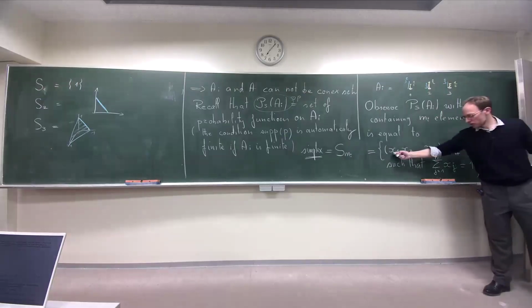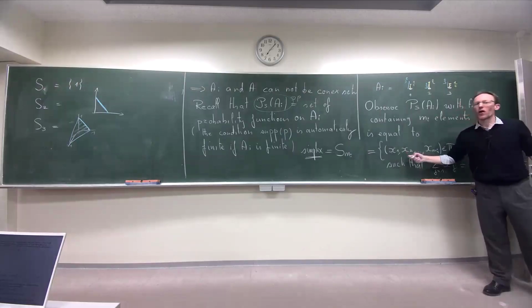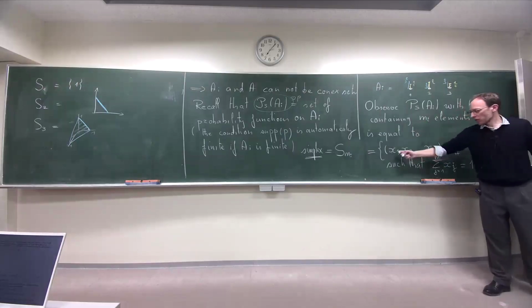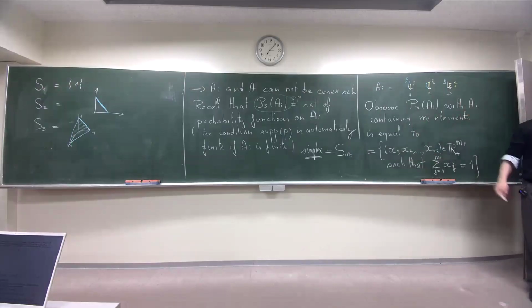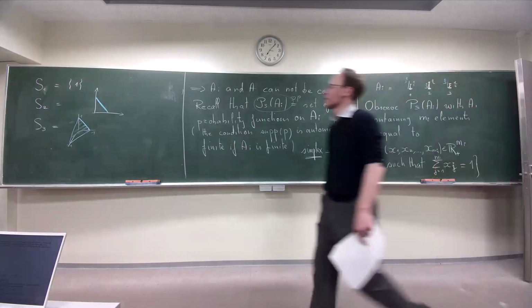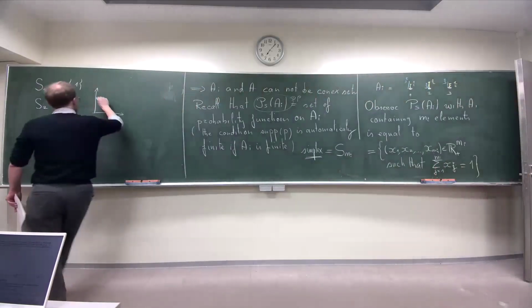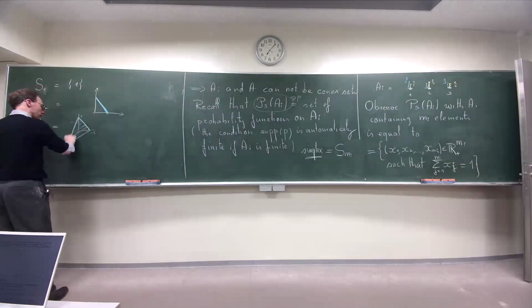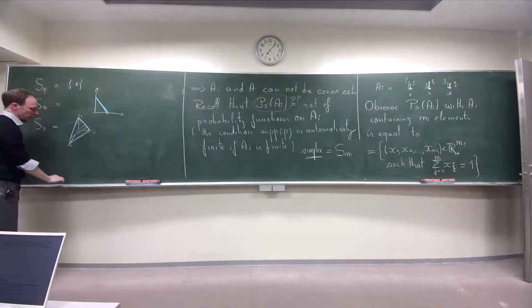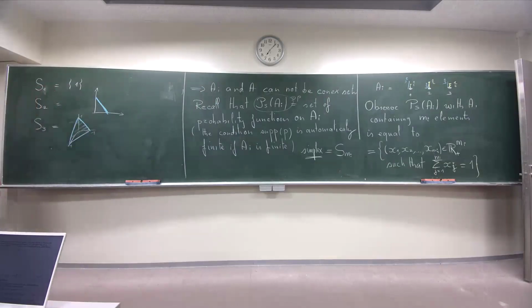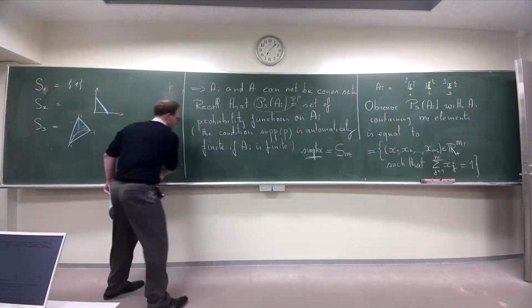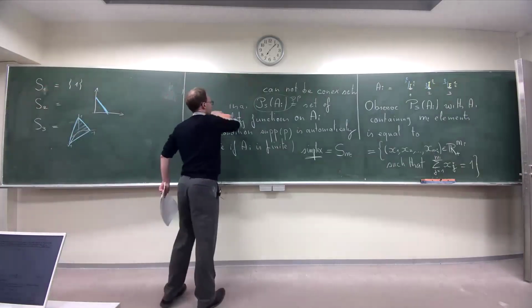I have points in R2 plus which sum up to 1. So no, it's really the entire line. S2 is really this, and S3 is really a triangle, the entire triangle, not just its boundary. These are called simplices, or simplex.